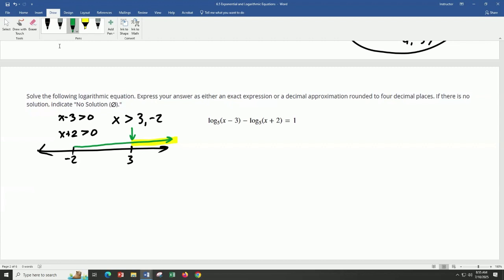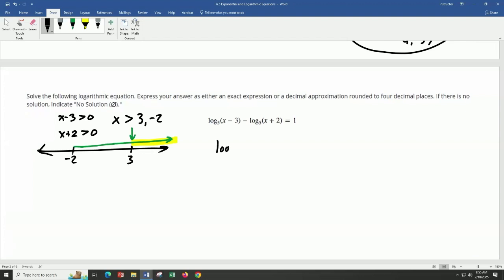Okay, so let's solve this one. Like I said, it's not as bad as what it looks. Realize that I have what happening? Subtraction means what? Division. How about I rewrite this like division? Let me show you why this is so nice. Look what's going to happen.